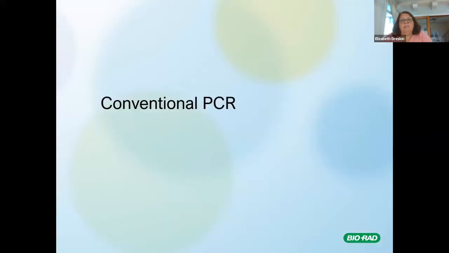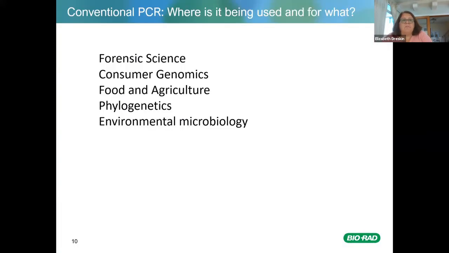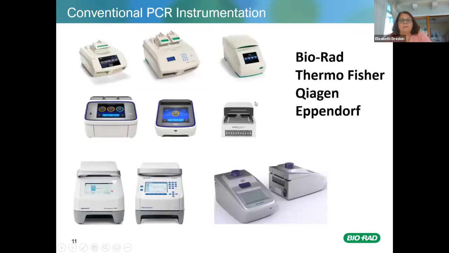So let's talk about conventional PCR. Some of the areas where conventional PCR is being used include forensics, food and agriculture, environmental microbiology, phylogenetics, population studies. Some examples of equipment that you might find in a lab doing conventional PCR are cyclers from Bio-Rad, Thermo Fisher, QIAGEN, and Eppendorf.